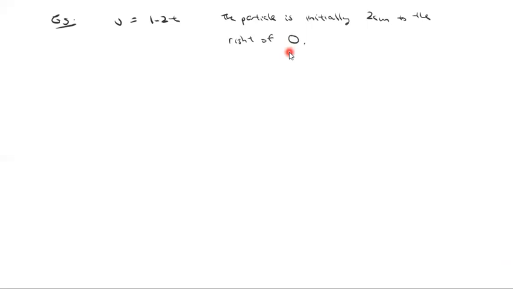Origin. Yeah. So this basically means origin. And do you know what origin means in this context? 0. Yeah, x equals 0. So if we're letting x be displacement, it means that's where the displacement is 0. So in other words, diagrammatically, you've got some origin O, and we're saying that the particle starts here.